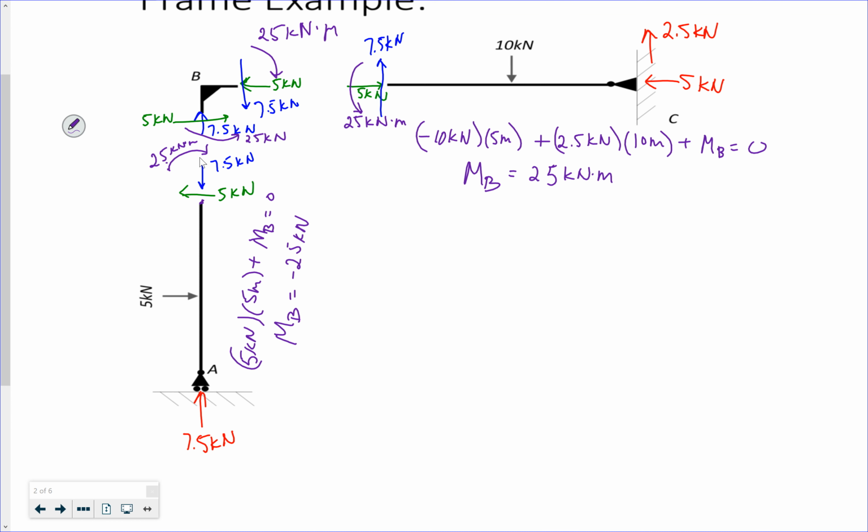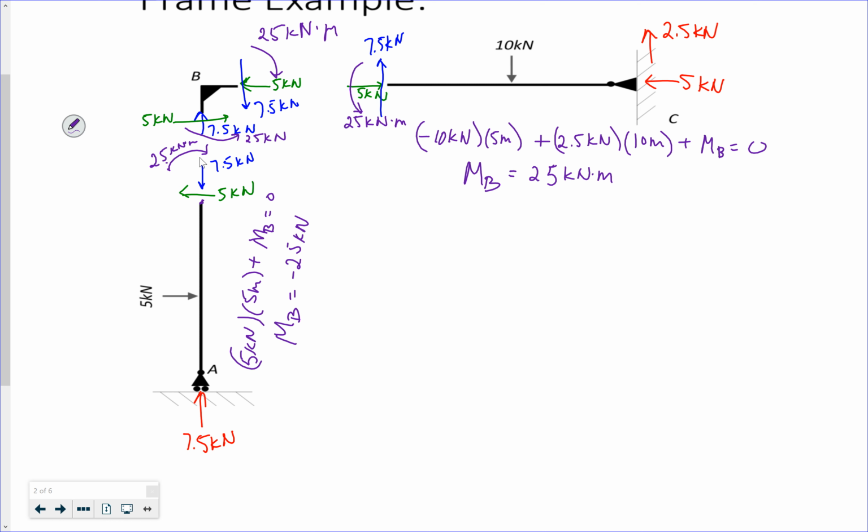So what do you notice about the joint? The joint's also in equilibrium. That's good. It better be. I have the 7.5 kilonewtons of shear coming from the beam and the 7.5 kilonewtons of axial force from the column. 5 kilonewton axial force from the beam is 5 kilonewton shear from the column.